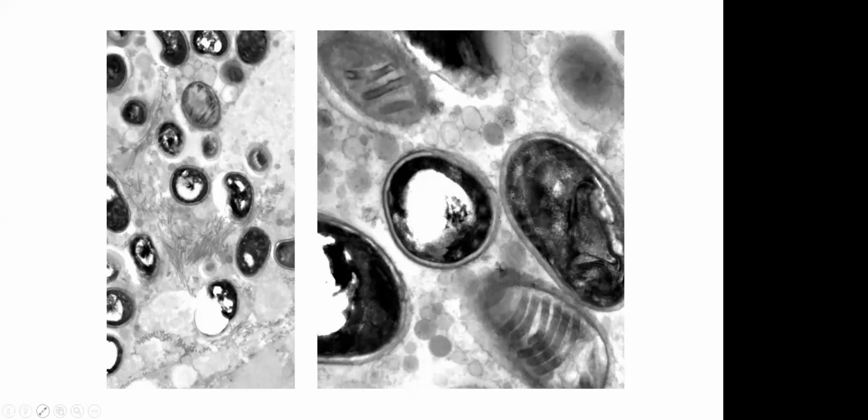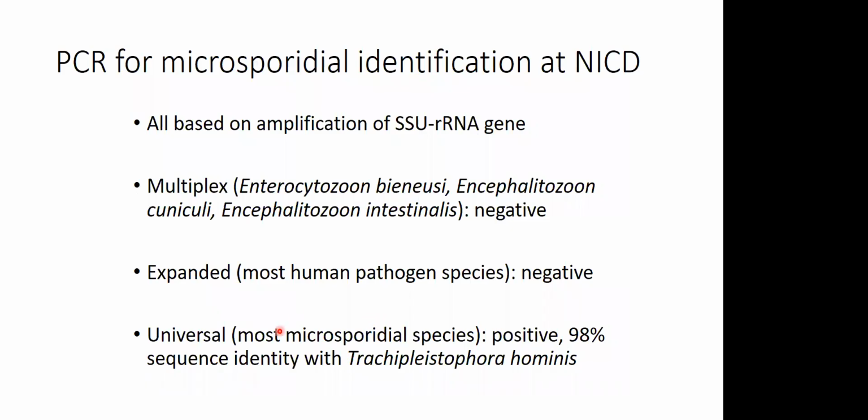Now, this was not done by us at NICD. It was the anatomical pathology EM unit at medical school. And our PCR on this patient showed that it was a pathogen called Trachypleistophora hominis, with a large degree of certainty.